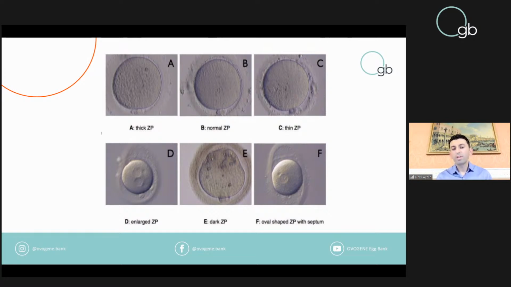How can you avoid this? Of course, I understand that not every lab has such high technology to use a piezo or something, but I can strongly suggest, for the warming cycle, using non-spike ICSI pipettes. Non-spike ICSI pipettes will make a kind of piezo effect.